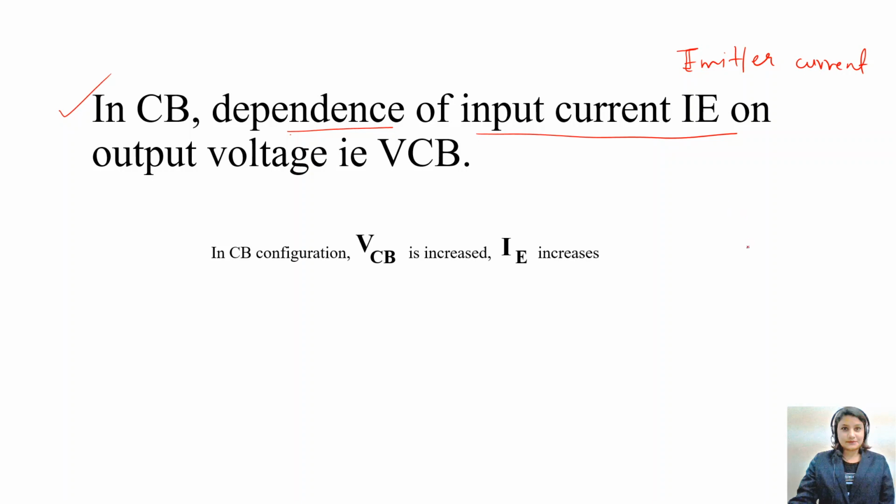So there is a dependency of input current on its output voltage, and that is VCB. This is the output voltage in common base configuration. So your input current is going to depend on output voltage, and that is why the effect is called the Early effect, right?